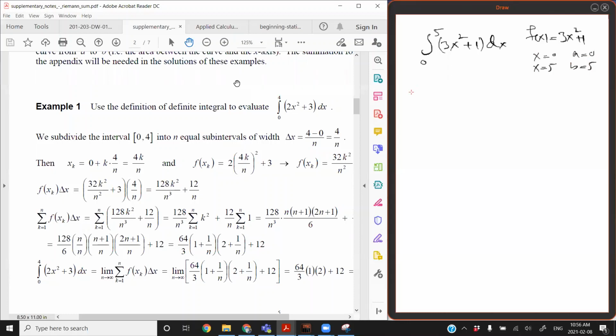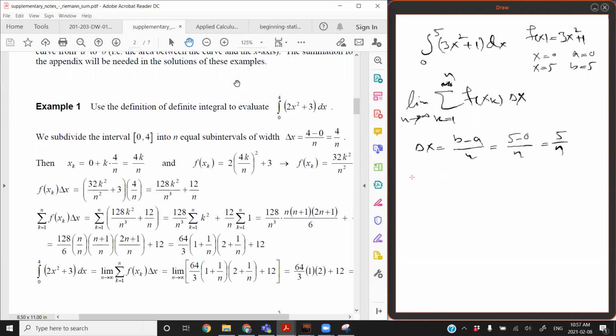So this is the formula: limit of the sum of f of xk times delta x, k from 1 to infinity. Sorry, from 1 to n, but n approaches infinity. I find delta x first. Delta x is b minus a over n. In this case, it's going to be 5 minus 0 over n, so 5 over n.